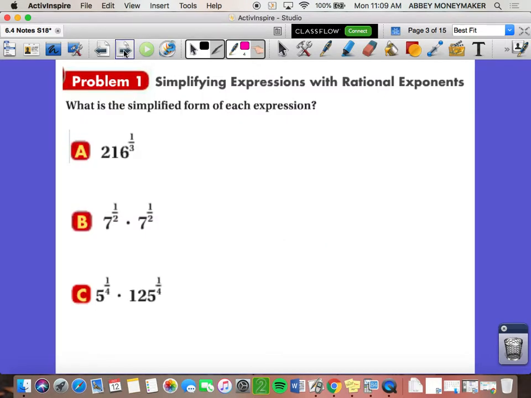So on problem number 1, they want us to rewrite and they want us to simplify. If I have 216 to the 1/3 power, that's the same as saying the cube root of 216. And we can type that in our calculator.